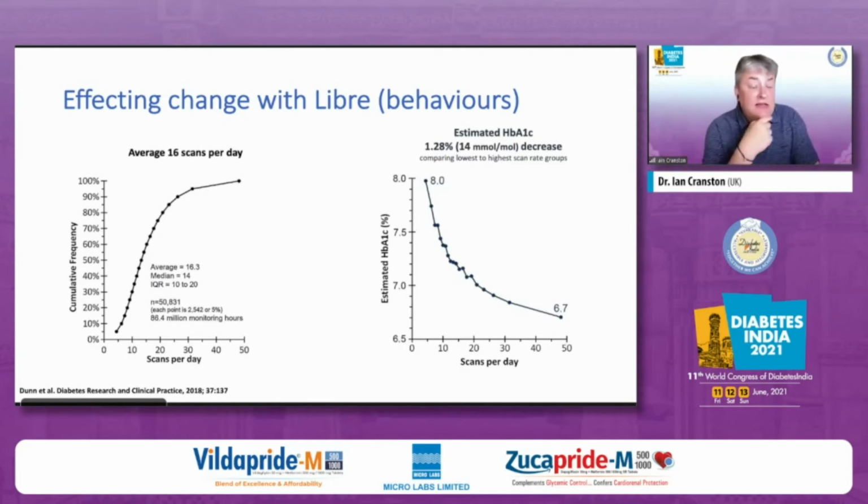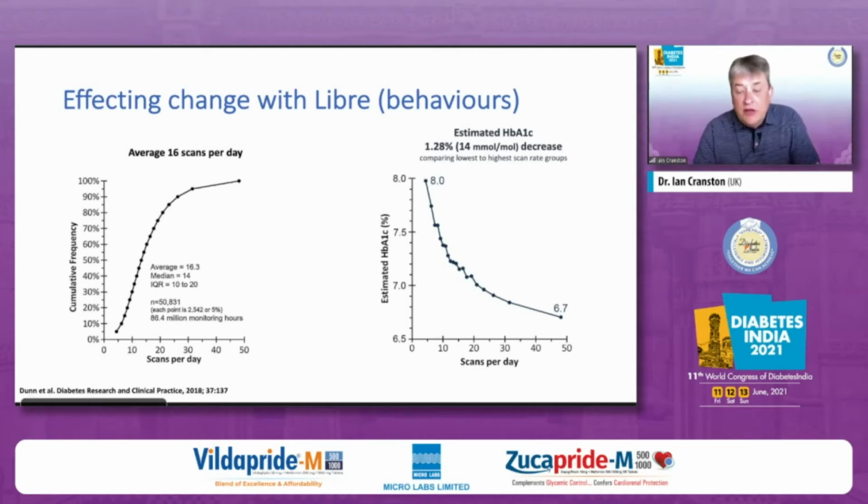But I think it's surprised many in healthcare delivery how much more often they will look at it. The average we can see here is 14 to 15 scans a day. And the reason for that, I think, is because people very quickly work out that the more scans they do, the better the effects they see, both in terms of time in range, in estimated hemoglobin A1C, and in hypoglycemia risk.